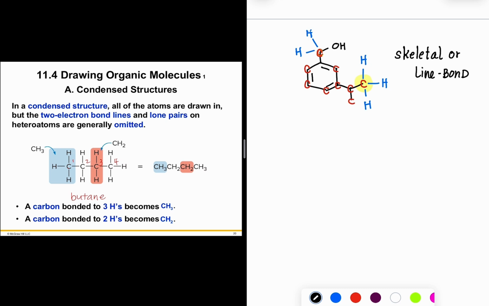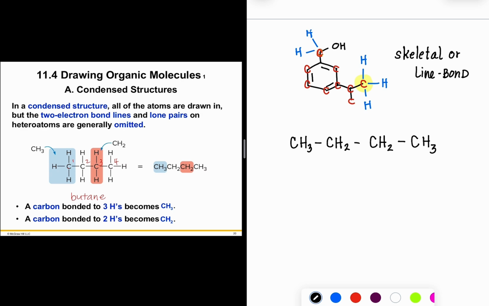I can abbreviate that as CH3. It's also connected to carbon number 2. Carbon number 2 has 2 hydrogens connected to it, CH2. Carbon number 3 also has 2 hydrogens connected to it, that's another CH2. And then the N carbon is another CH3. It's 1 carbon atom connected to 3 hydrogens.